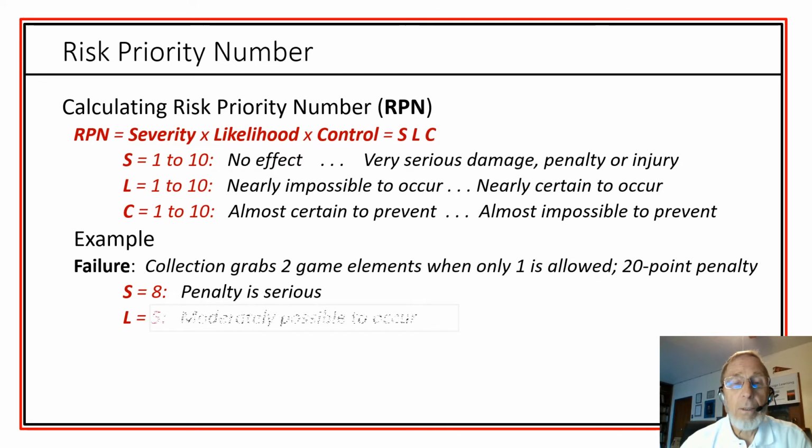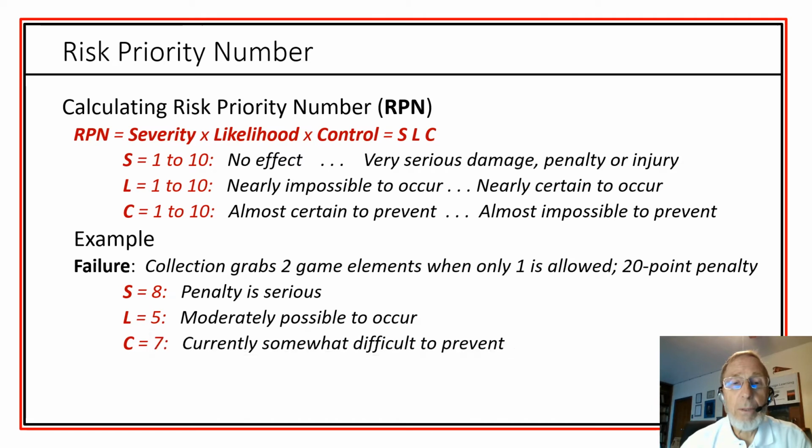The likelihood, well, it depends upon your past experience and seeing how often that happens. But let's say it's somewhere in the middle, moderately possible to occur. And then the controllability, well, based on knowing how this occurs and what leads up to its occurrence, we may have an ability to prevent it, maybe not.